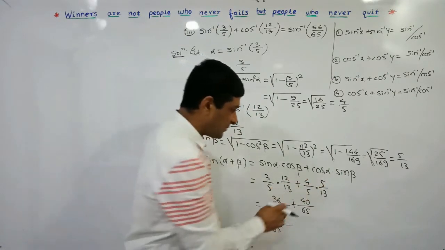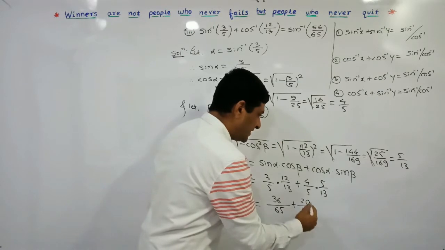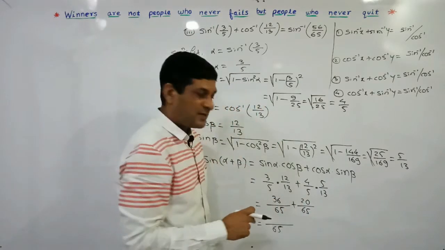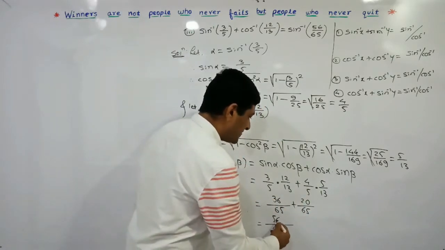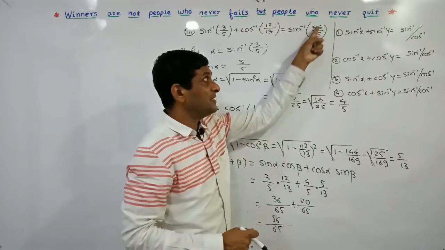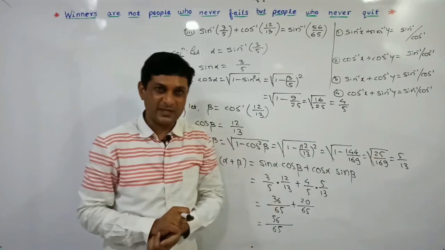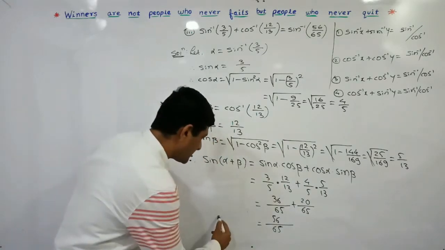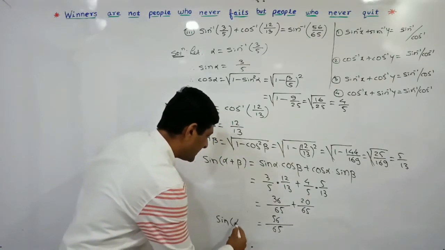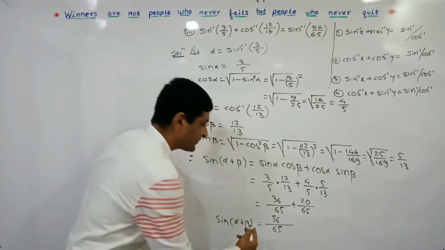Sorry, 5 4s are 20. So now 20 plus 36 will be equal to 56. तो हमें ये जो नंबर है यहाँ पे, ये नंबर मिलना चाहिए. At that time we can say that our answer is correct. Now this is the value of sin (alpha plus beta), isn't it?